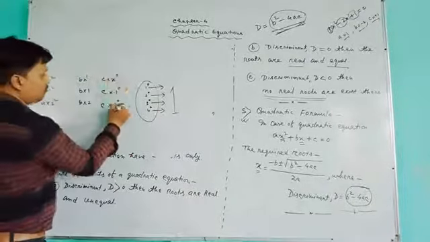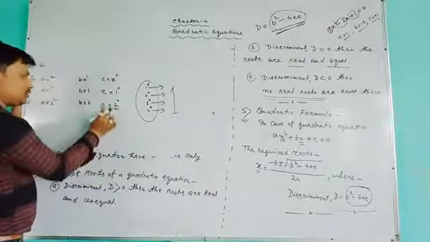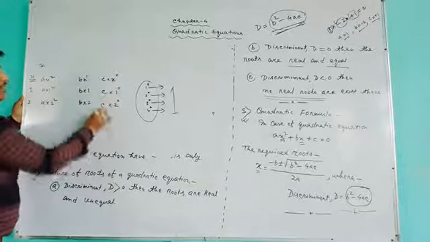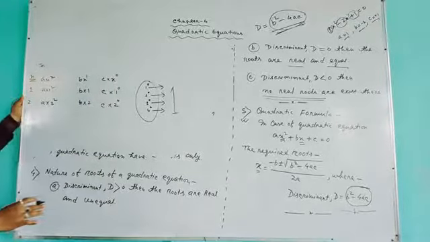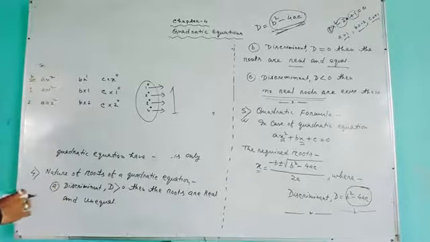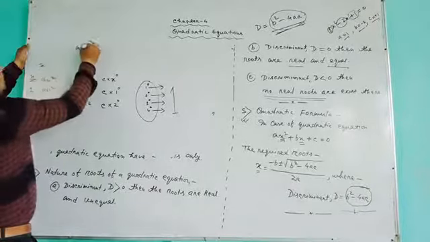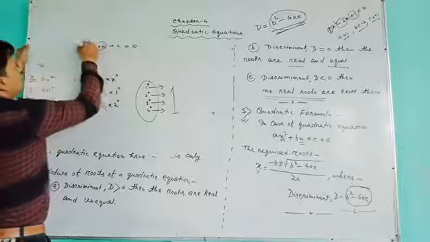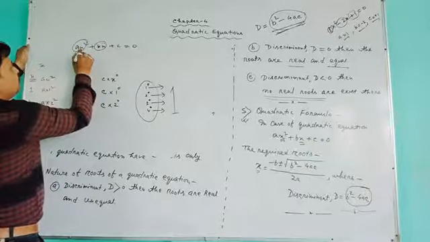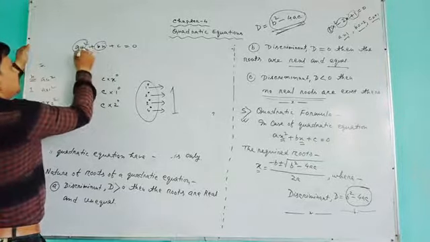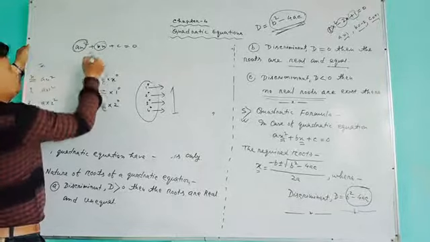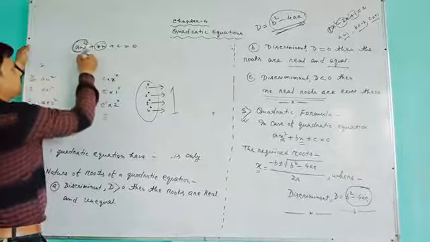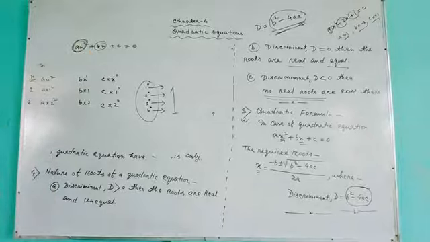So this term value is fixed, c. So this term is called the constant term, and the rest two terms of ax square plus bx plus c equal to 0 are called variable terms, because when you change the value of x, the term value changes.